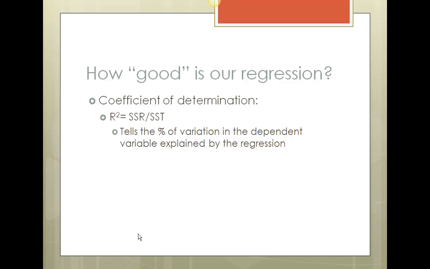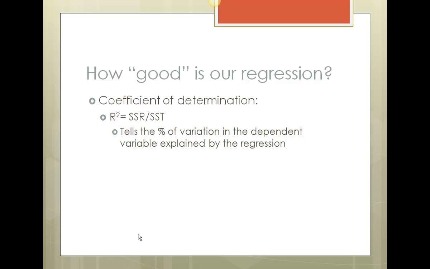R-squared is called the coefficient of determination. It tells you the percentage variation in the dependent variable explained by the regression. In other words, it tells you how good of a job your regression did at explaining the variation in y using x.